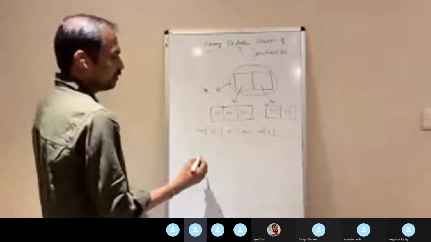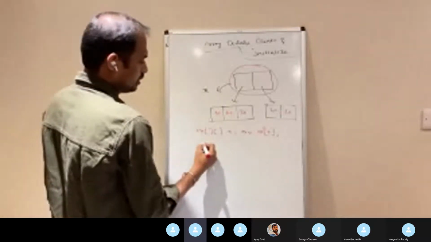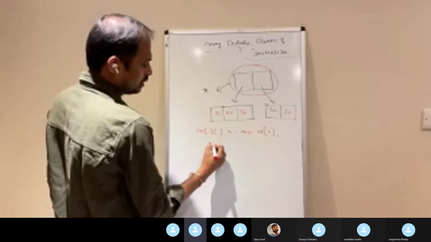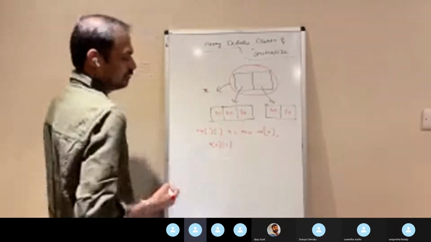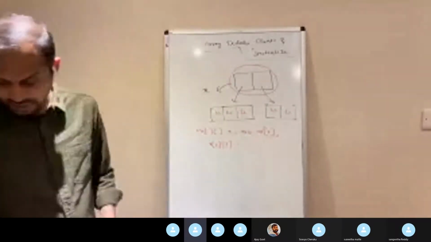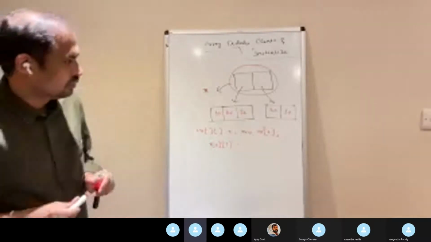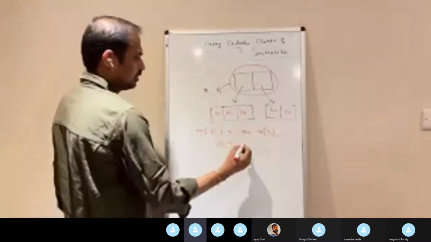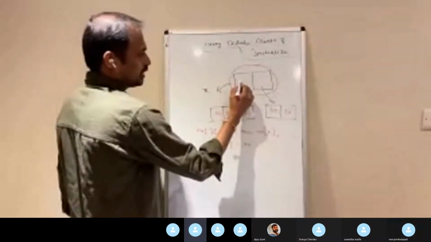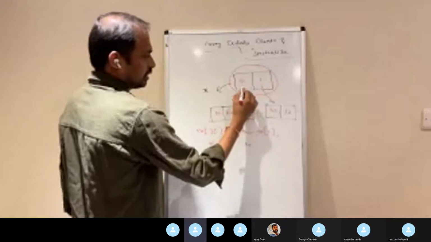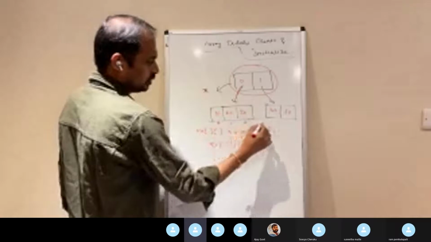Then what is the value of x of 0, 1? What is the value of x of 0, 1? 20. So this is x of 0, x of 1, x of 0, 1, 0 again.